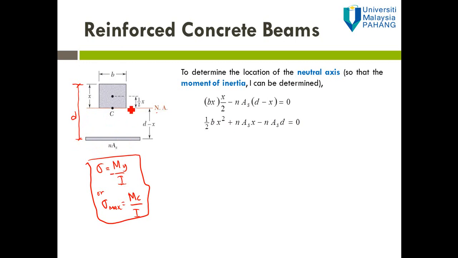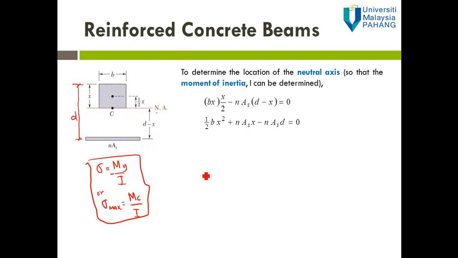So the distance from the neutral axis to the transformed steel rod is equal to d minus x. This is the length d minus x, because this is d and this is x.